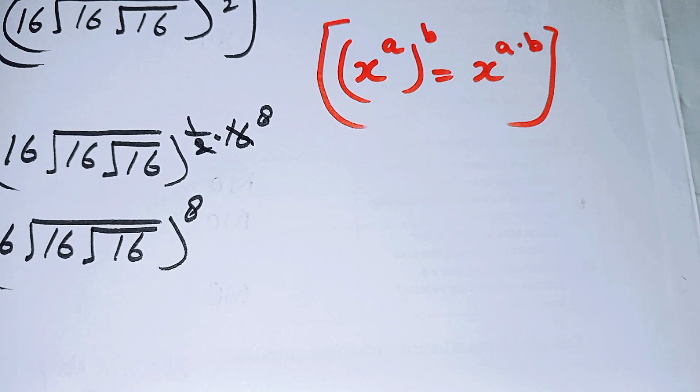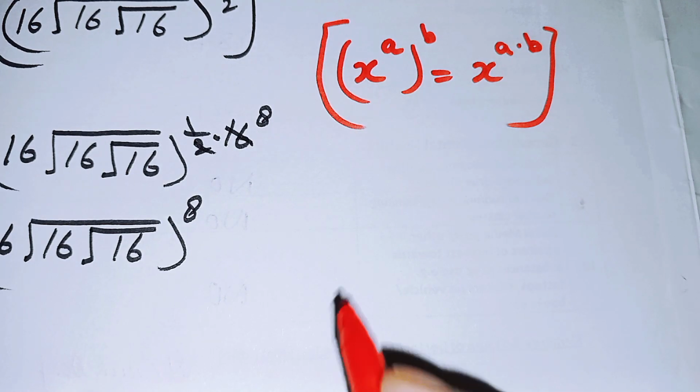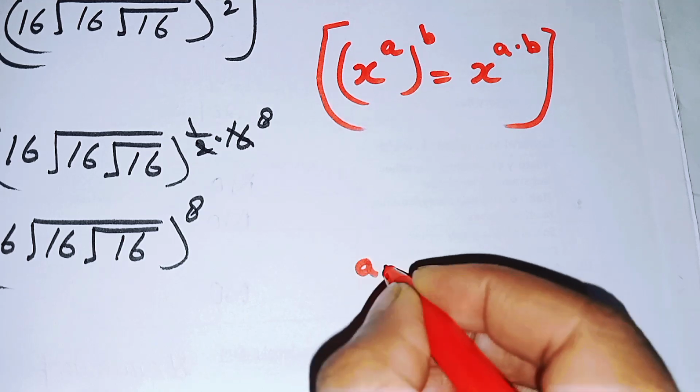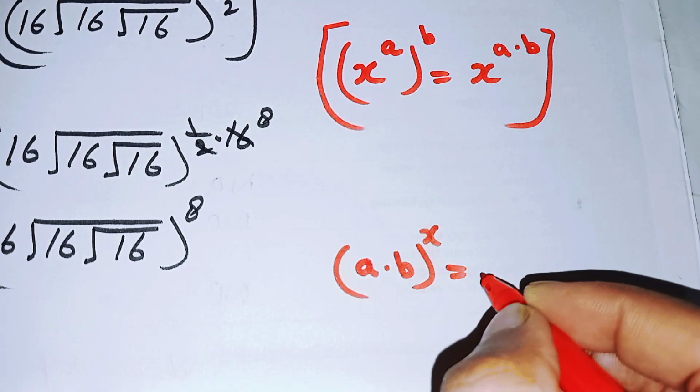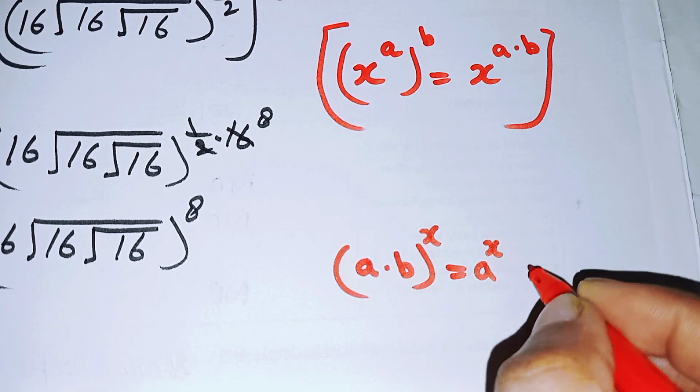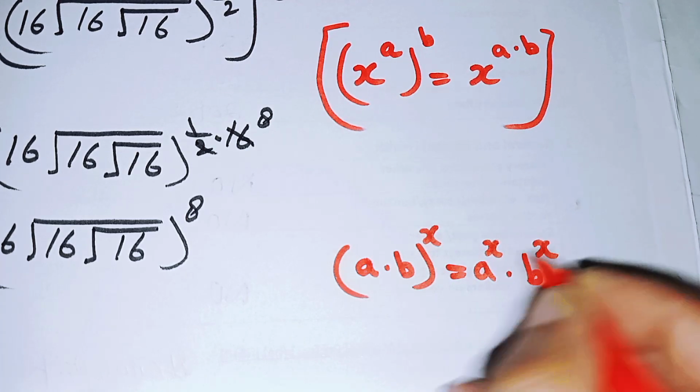So again we can solve with the help of a times b, the whole thing to the power of x, is equal to a to the power of x times b to the power of x.